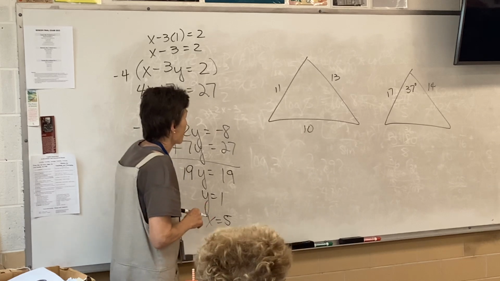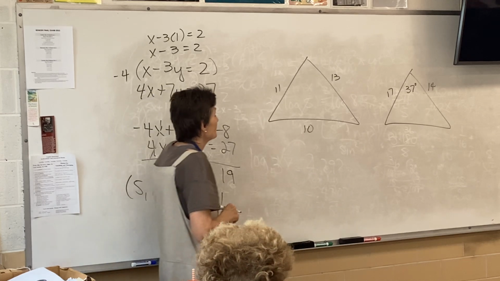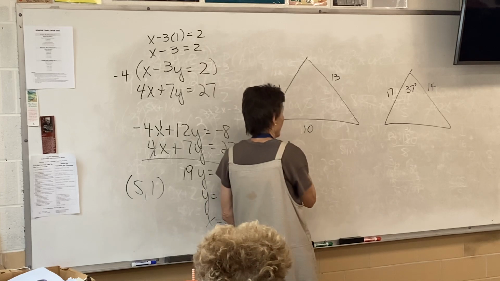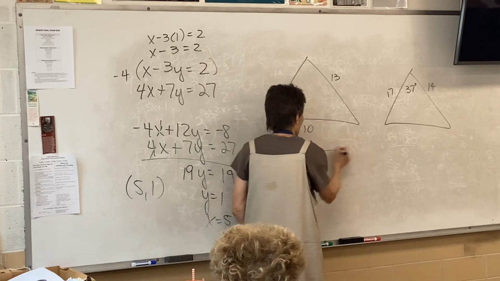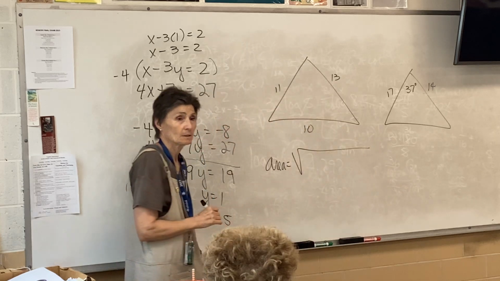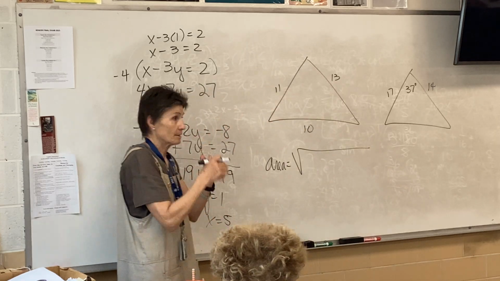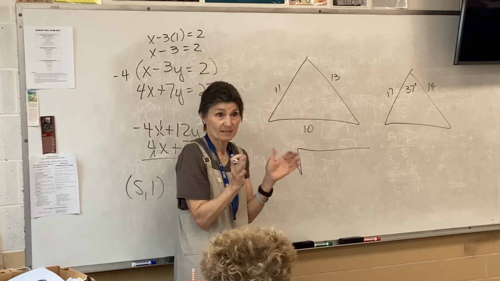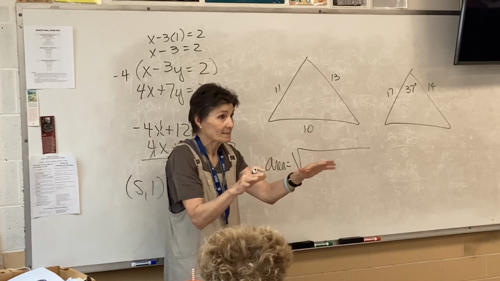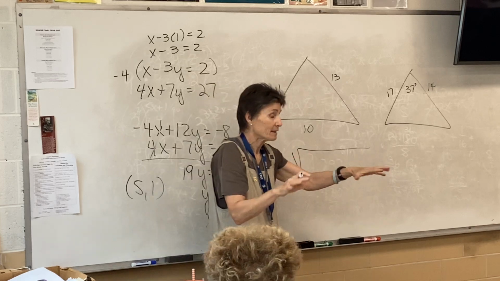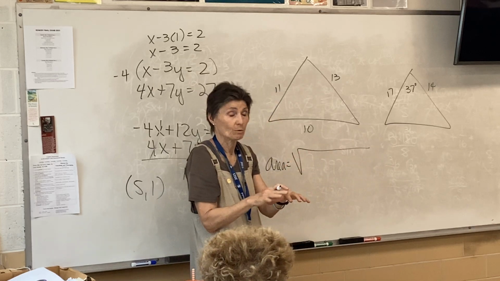For this one, we're going to use Hero's formula, which is that big radical. And again, my job today is not to teach you this. I already tried to do that before. This is all in your notes and practice tests. You go back and find it if you need to review.